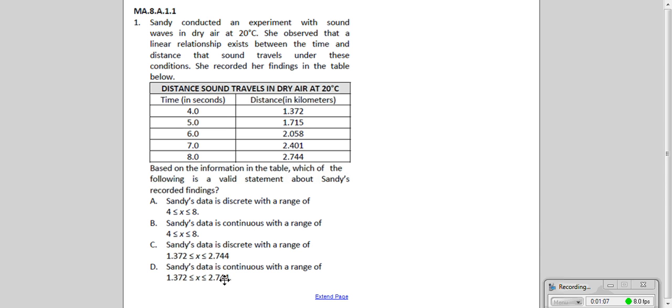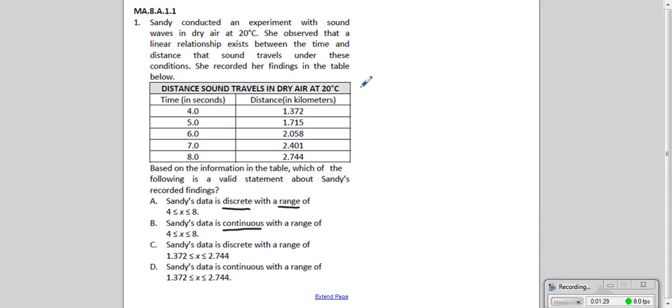So really what this question is asking you is, do you know what the range is for a given set of data, and do you know the difference between discrete and continuous? Those are very simple concepts to learn.